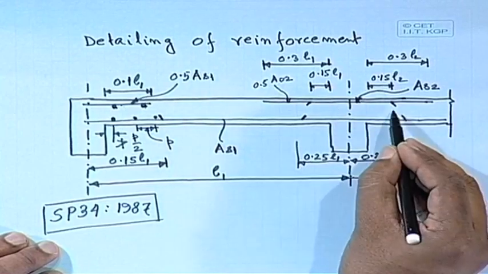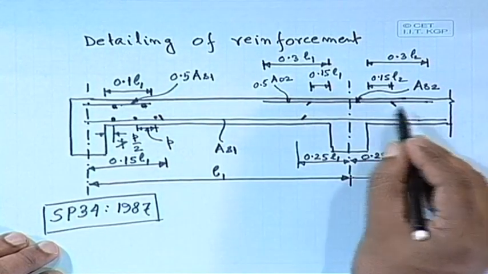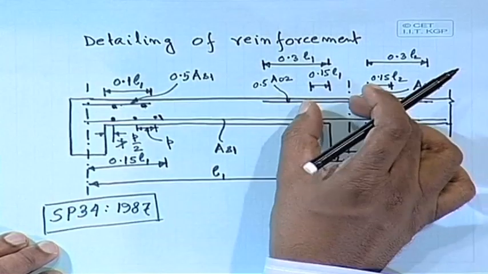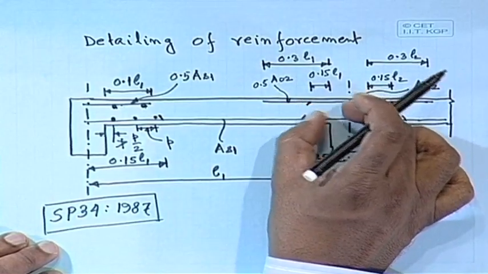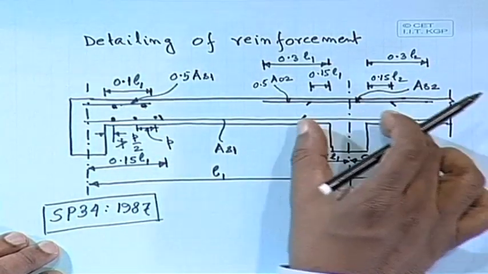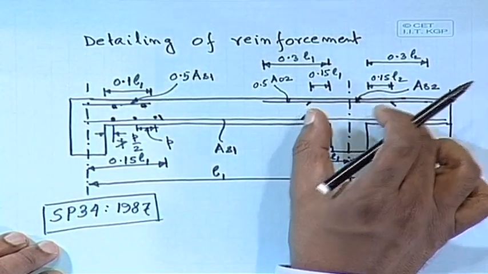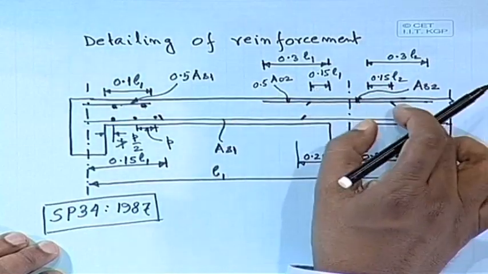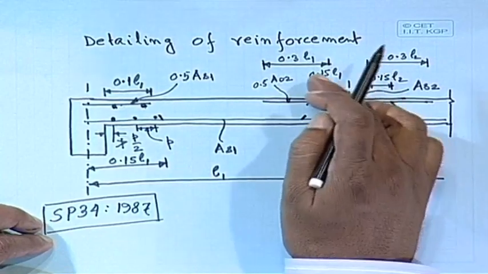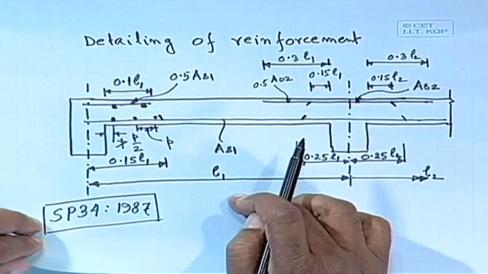Here we have a curtailment, because we know the moment will also reduce here, so that is why we do not provide the full. So, 15% of the length this side, and on the other side 15% of the length for this span, that is the total AS2, and then 50% of that we shall provide here, going up to 0.3 L2 this side because the span is L2, and 0.3 L1 this side because the span is L1.